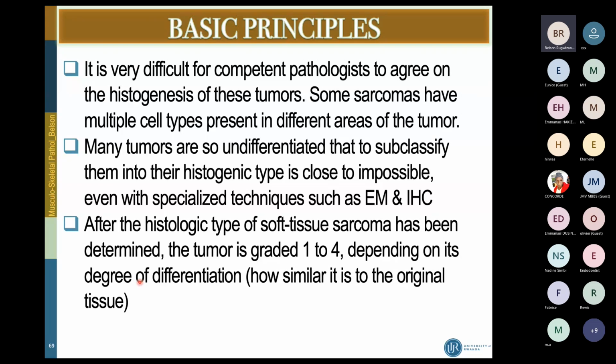First, it requires to be in a team, so to collaborate adequately. So many tumors are also undifferentiated, so undifferentiated that to subclassify them into the histogenic type is close to impossible. Nukuba rimwe na rimwe harati ukavuga this is a sarcoma. So tujya tubibona kenshi, tujya tubibona ngira ko nk'umwaka uje ari cases bohereje Boston, Harvard, so asking for their opinion.